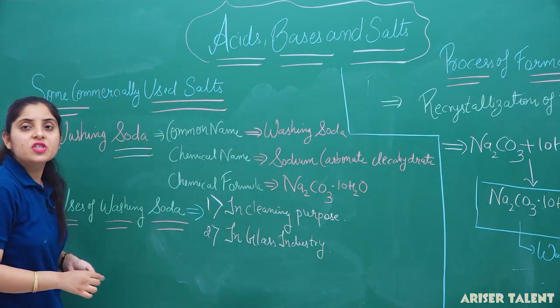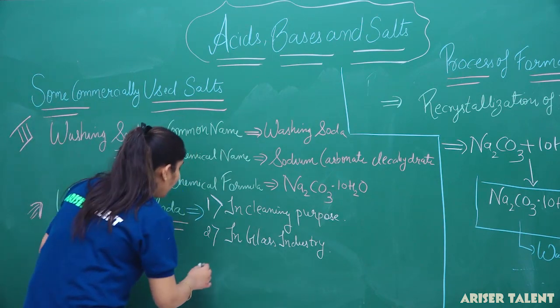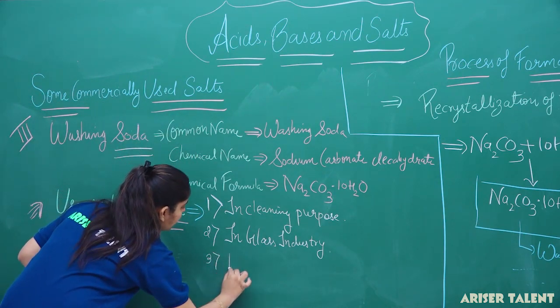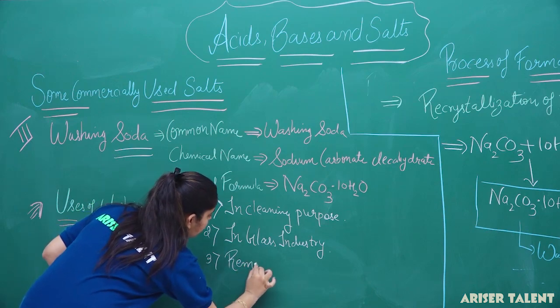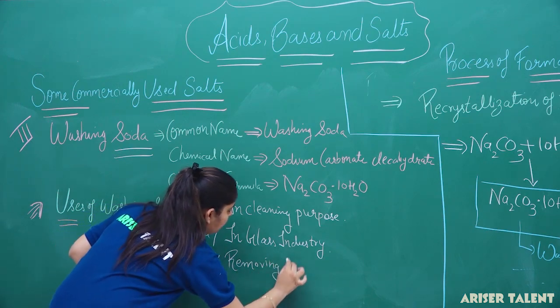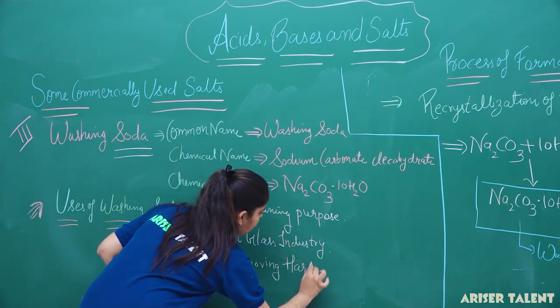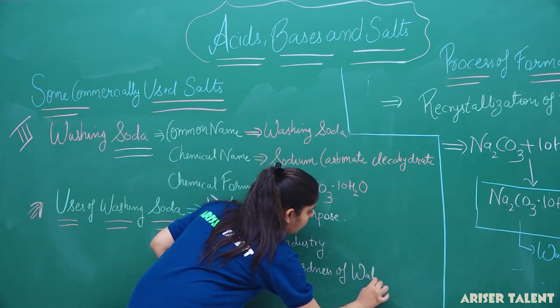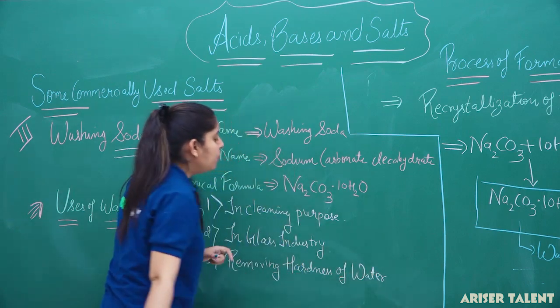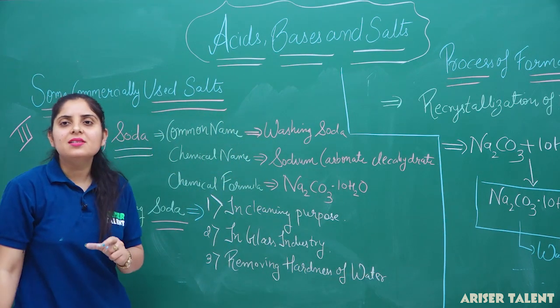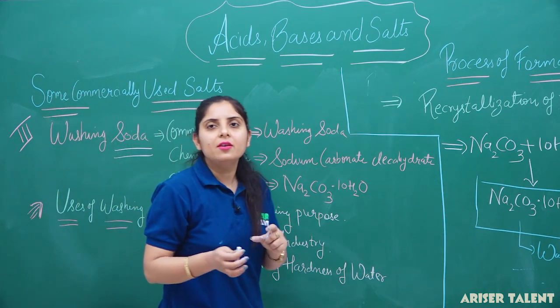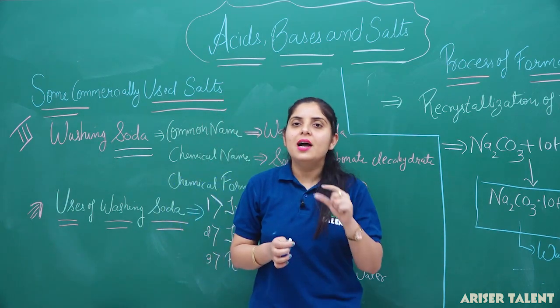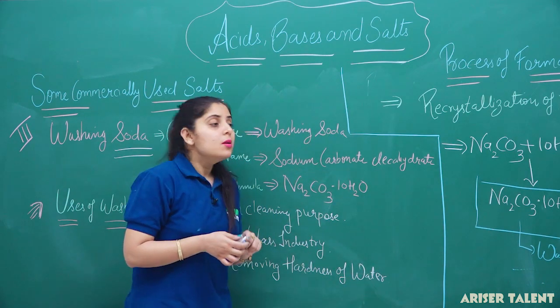Its third application will be removing hardness of water. The fourth application will be in the glass, textile and the paper industry, that is of the basic use. The last use will be in the formation of the borax.